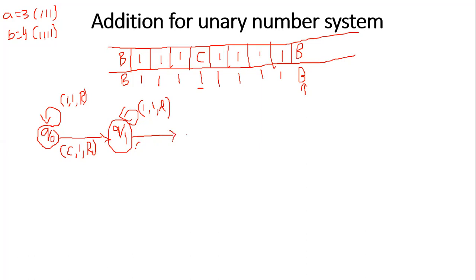Change only one 1 to a blank space, and keep moving to the left side, so that we get the required number of ones.